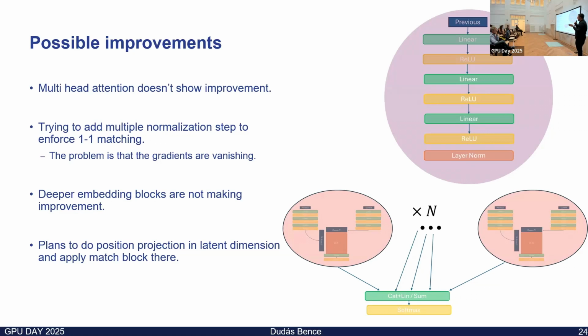In the sinkhorn algorithm, it's solved by subtracting the normalized version of the probability matrix from itself until it converges into a one-to-one matching. I'm currently trying to implement it into the neural networks, but so far I ended up with vanishing gradients, so I need to work around it a little bit.